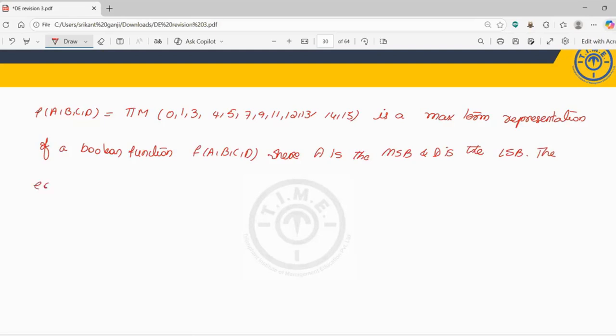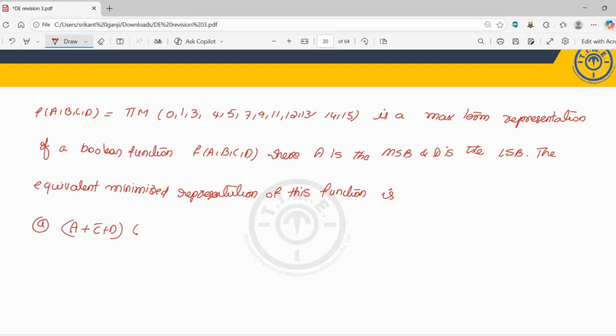The equivalent minimized representation of this function is: A, (a plus c bar plus d) into (a bar plus b plus d).